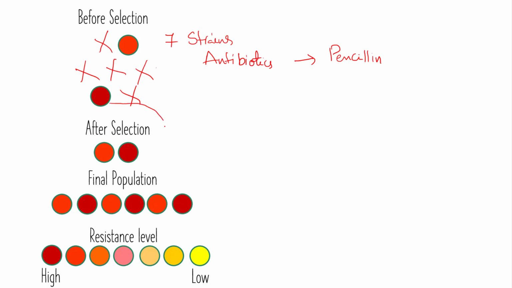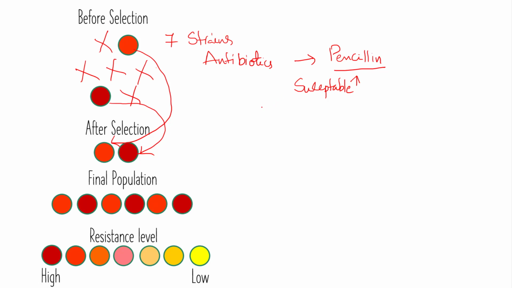So this one and this one, these two bacteria, are said to be resistant to this antibiotic. The rest of the 5 bacteria could not resist the antibiotic, so they are susceptible to the antibiotic. That's why they are killed.